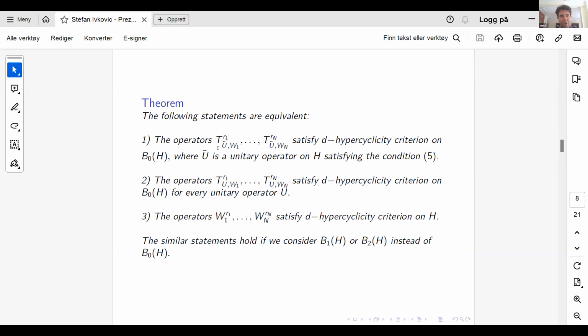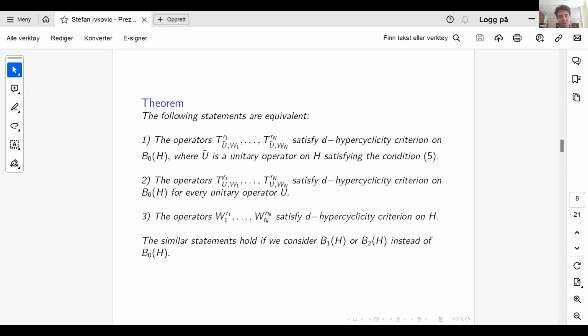So now you see that it is no longer important to consider this special unitary operator satisfying this condition. We only needed it to pass to the implication 2 implies 3.